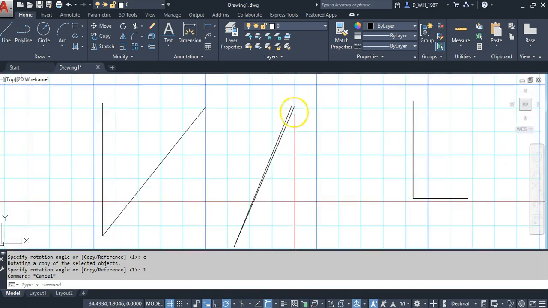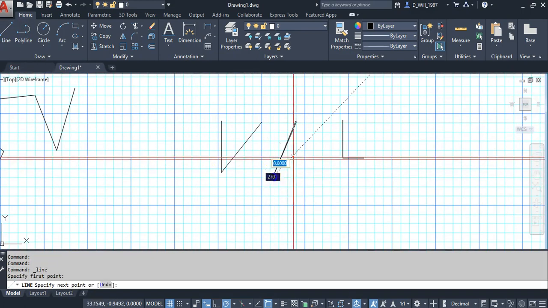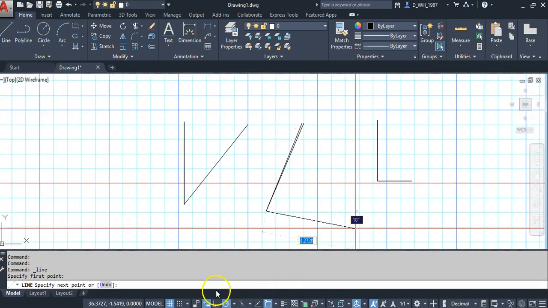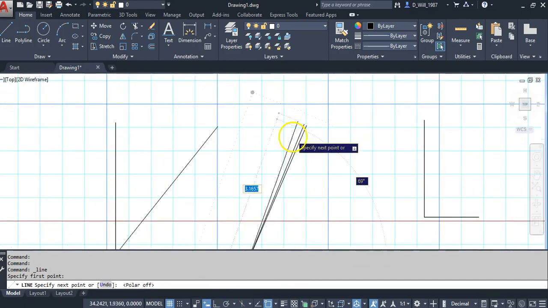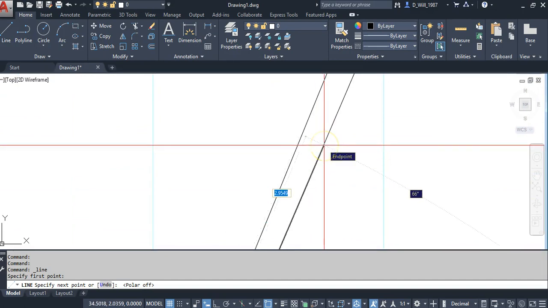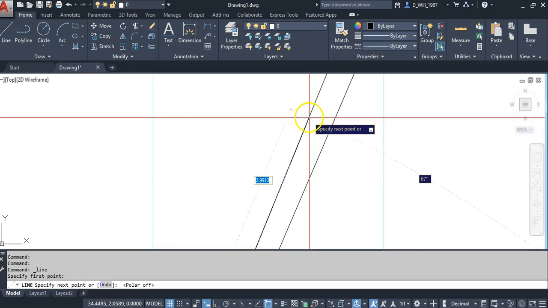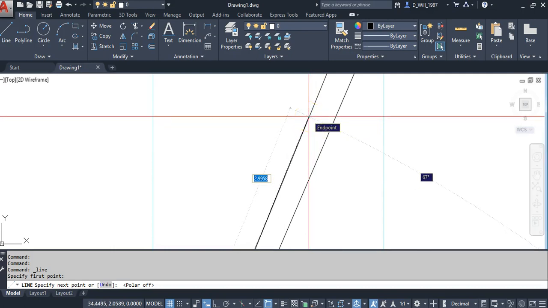So that's a single degree. And what I want you to see is that AutoCAD's going to lie to you if you don't set up your units correctly. So what does that mean? Well, it means that right now it's saying that is 66 degrees. And right now it's saying that that line is 67 degrees.